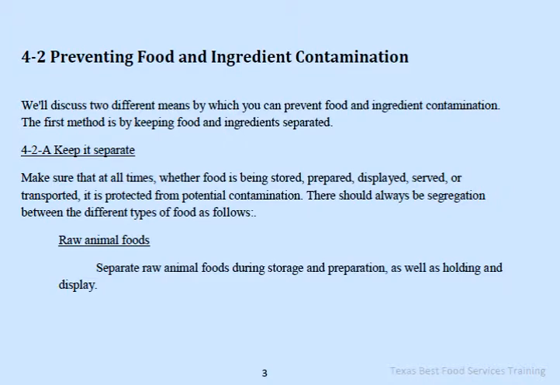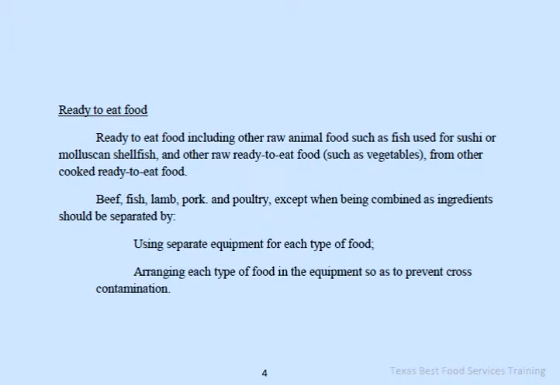There should always be segregation between the different types of food as follows. Raw animal food. Separate raw animal foods during storage and preparation, as well as holding and display. Ready-to-eat food. Ready-to-eat food includes other raw animal food, such as fish used for sushi or molluscan shellfish, and other raw, ready-to-eat food, such as vegetables from other cooked, ready-to-eat food.